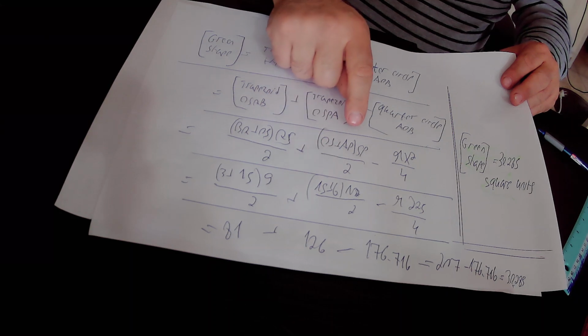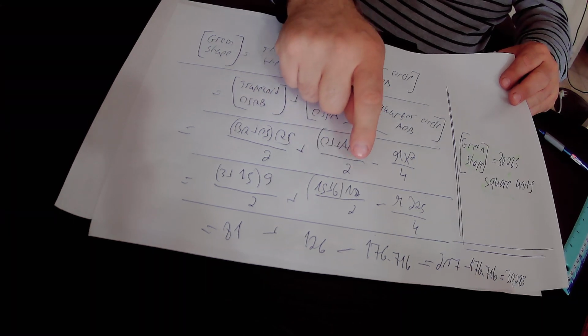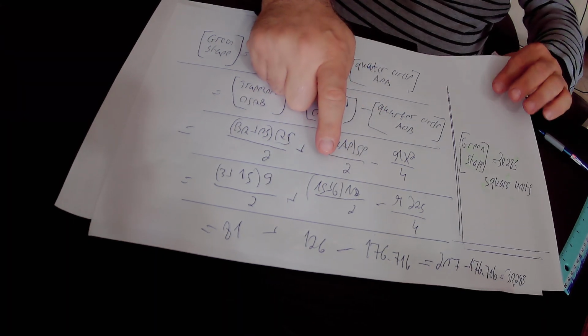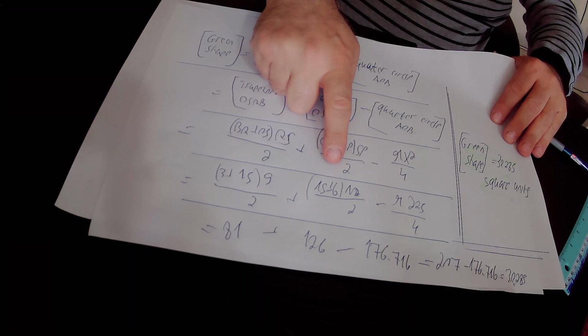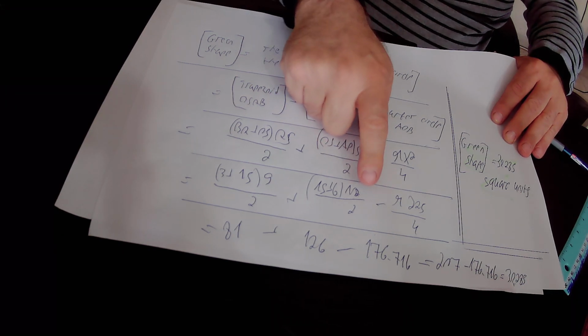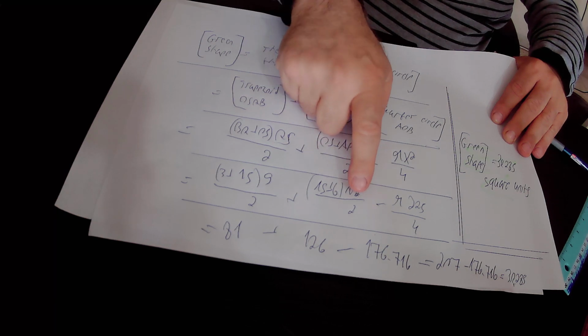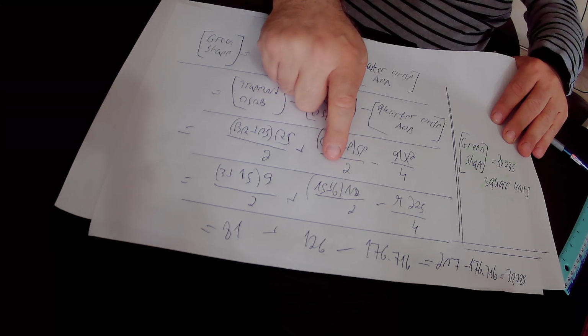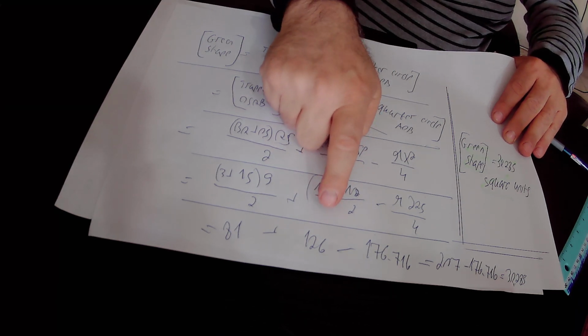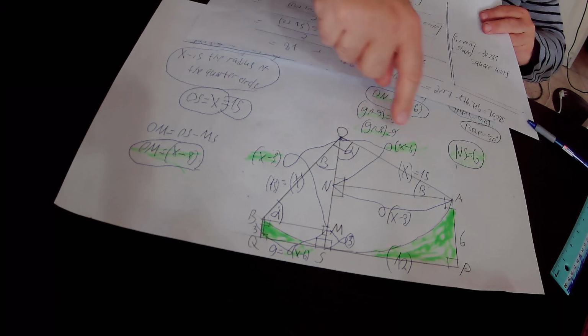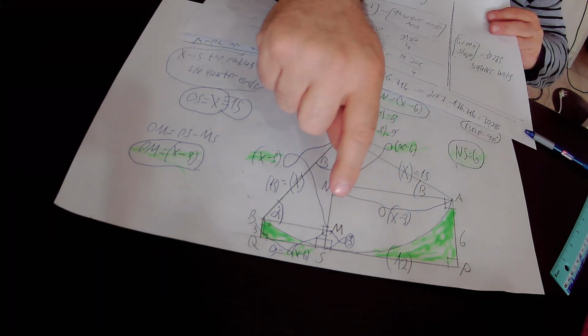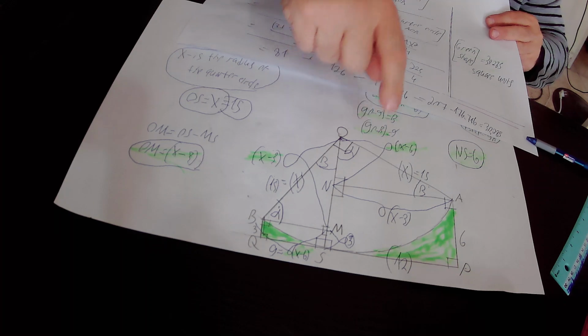OS is 15, AP is 6, SP is 12 divided by 2. 15 plus 6 is 21, 12 over 2 is 6, so 21 times 6 is 126. In conclusion, the area of this trapezoid OSPA is 126 square units.